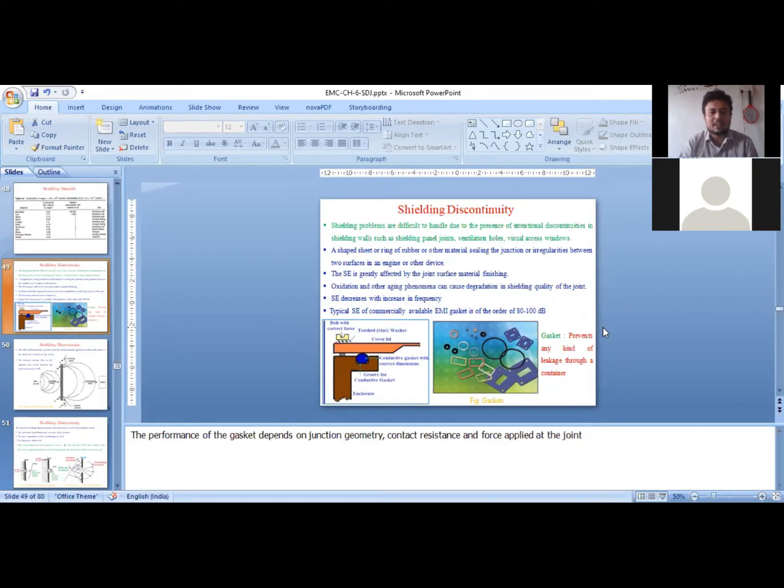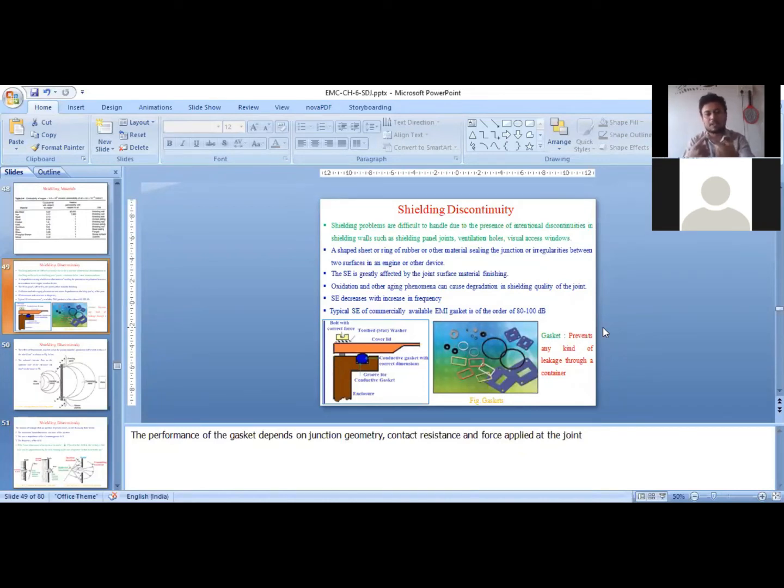The shielding is greatly affected by the joint surface material finishing. When two materials cross each other, we join them by some technique, either bonding, electrical welding, or other methods. The finishing must be good enough, and the two metals should be made of the same material so that there is no resistance difference between them and corrosion properties do not change.